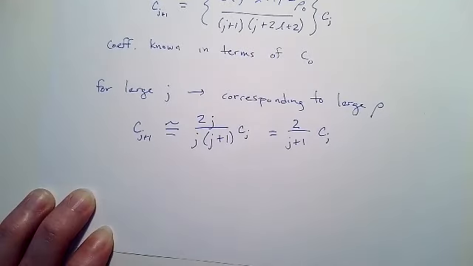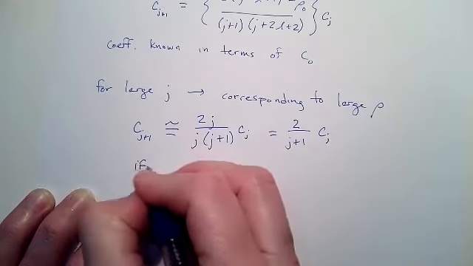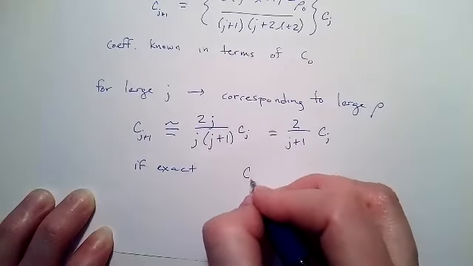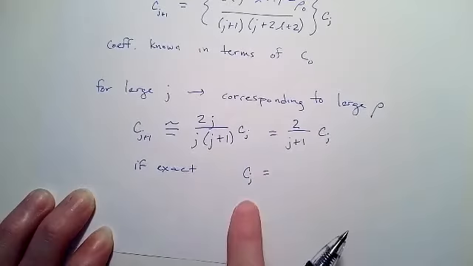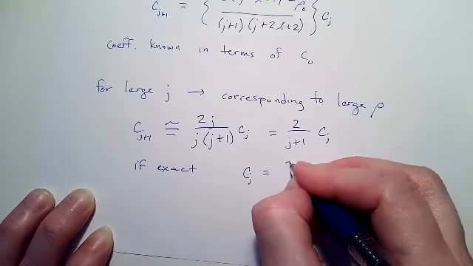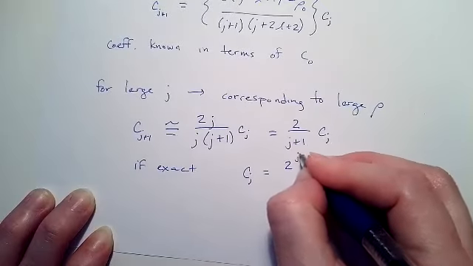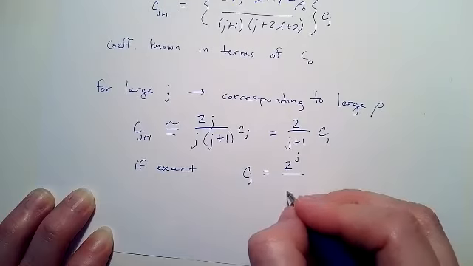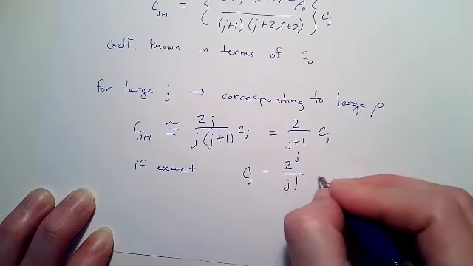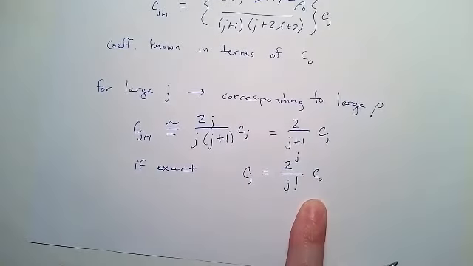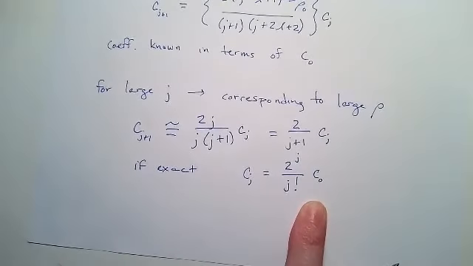So if that were exact, you would actually write that C sub J would equal 2 to the jth power divided by j factorial times our initial coefficient that we knew, the C sub 0, that we're building all these coefficients for.